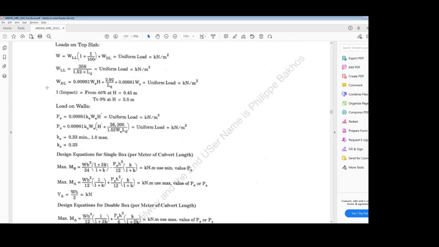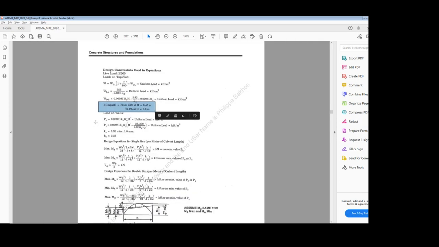So they have given here the equation of impact load. You have to take 60% impact when h equals 0.45 meter, and 0% when h equals 3 meters. I will show you what h is. If your fill depth is more than 3 meters, then there is no need to consider the impact, and in between you have to interpolate between 0 and 60%. Now, what is h?